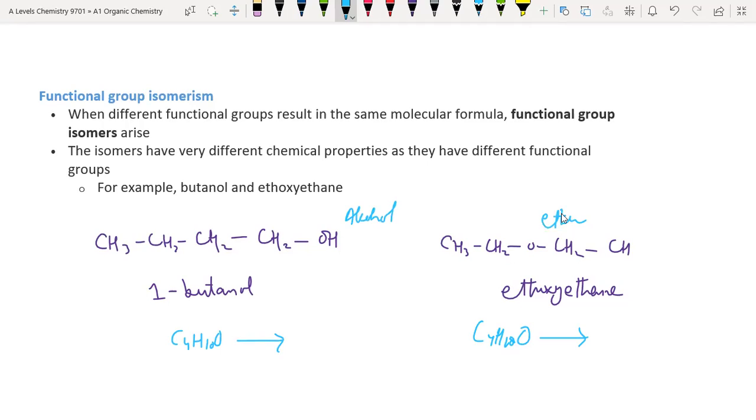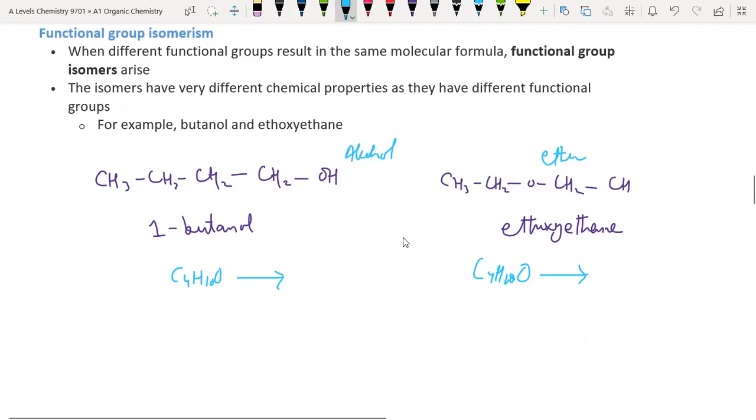So this kind of isomerism that arises due to the difference of functional group is called functional group isomerism, and in both classes the physical and chemical properties vary from each other.